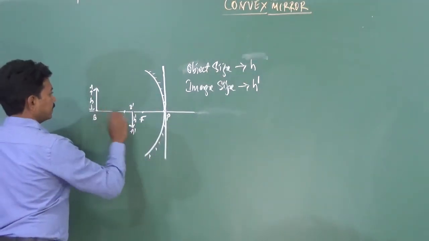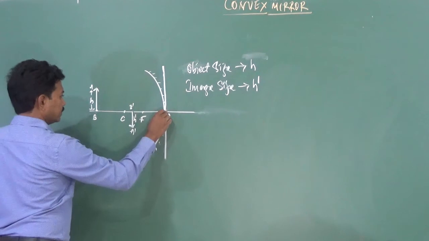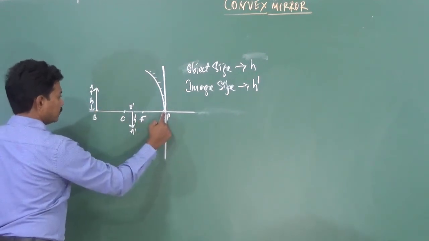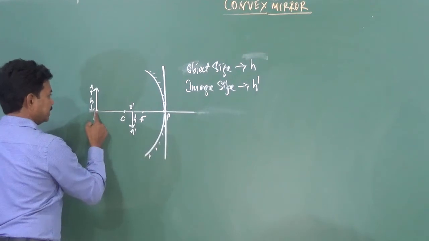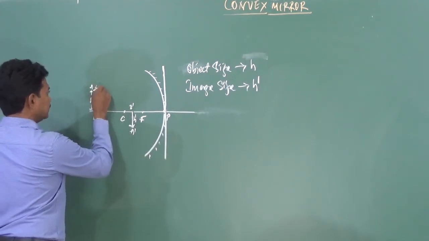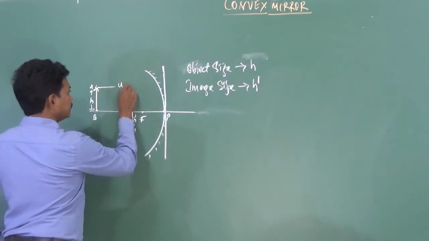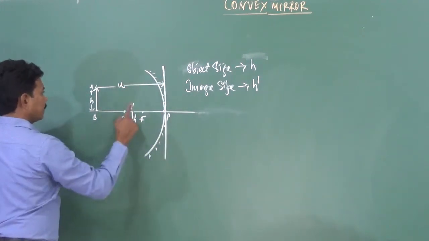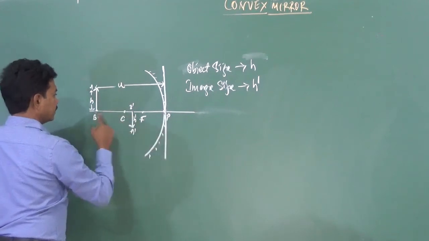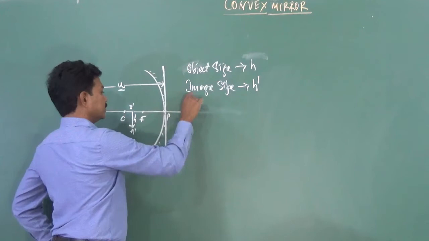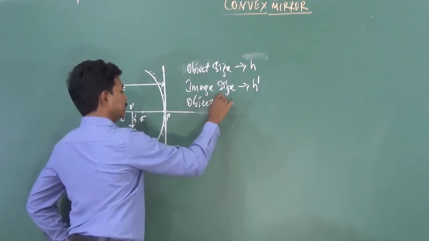Here, the distance between the pole of the mirror and the object is taken as u. The distance of the object from the pole of the mirror is represented by u. You have to remember this. This is the object distance.